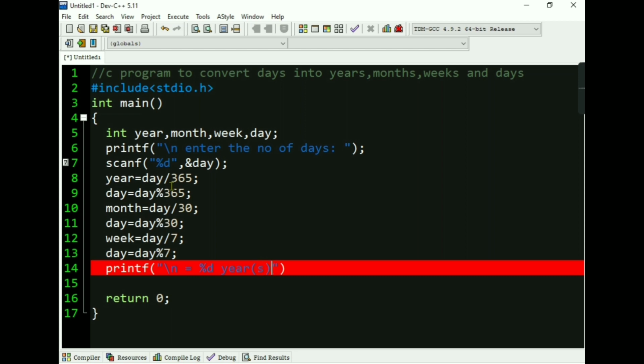It means years also, so in brackets we write s, space, and again %d month, and in brackets we write s, and again %d week, and in brackets it is s, and %d day, and in brackets here is s.